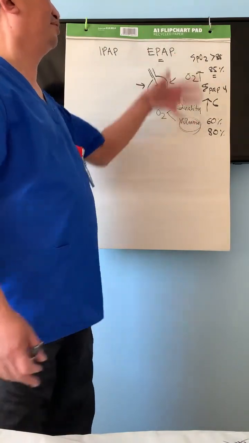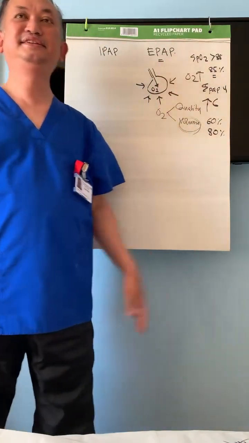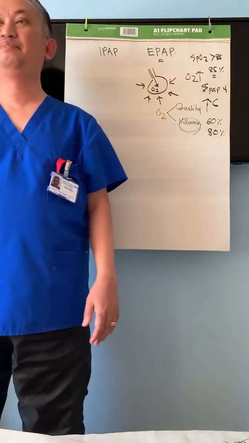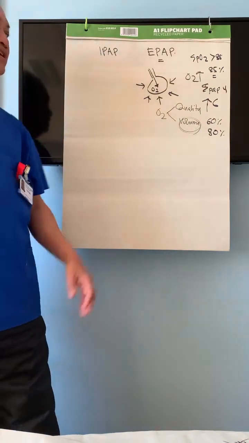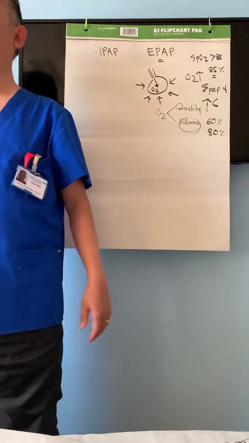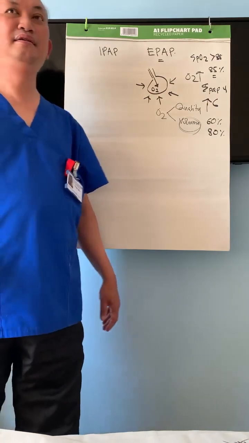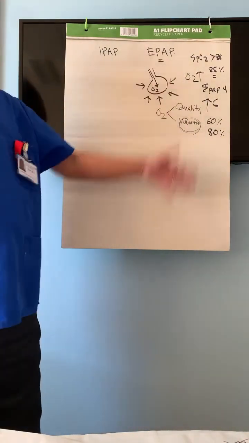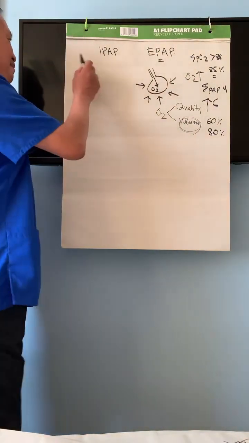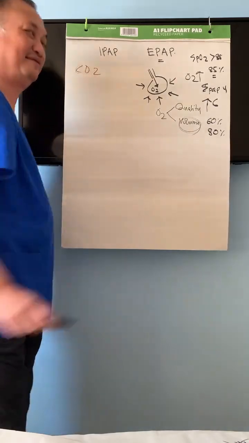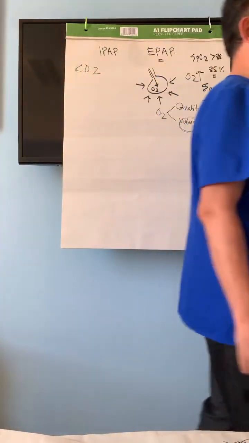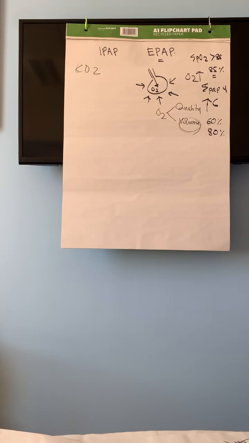So that is how we adjust the oxygenation, by playing with the FiO2 and the ePAP setting. Okay? Since ePAP is for oxygen, iPAP is for carbon dioxide. If you want to play with the carbon dioxide, you have to deal with iPAP.